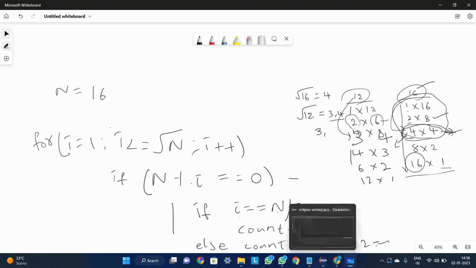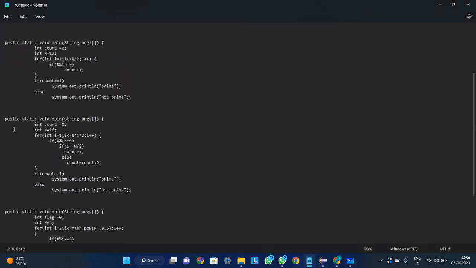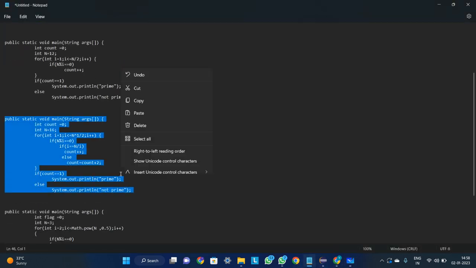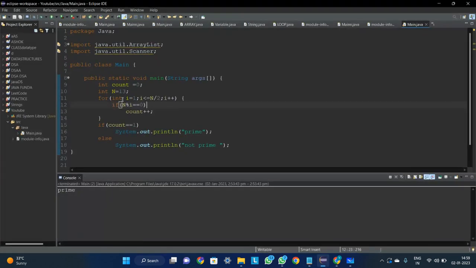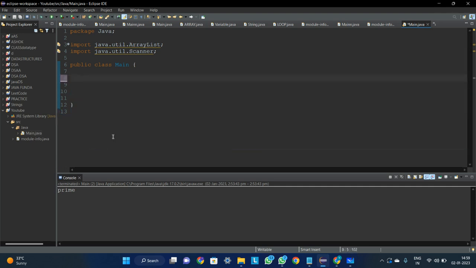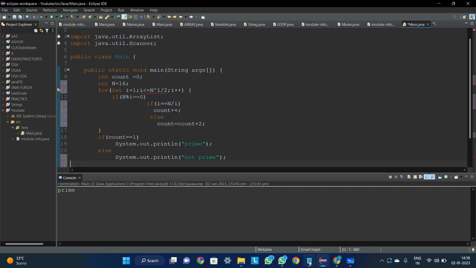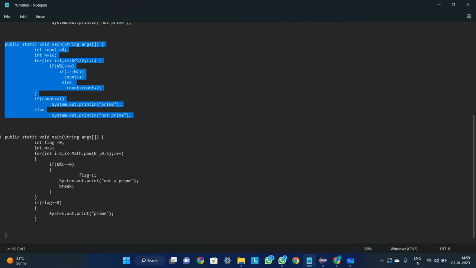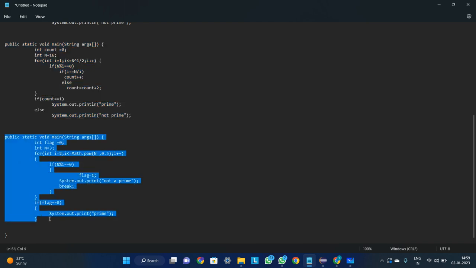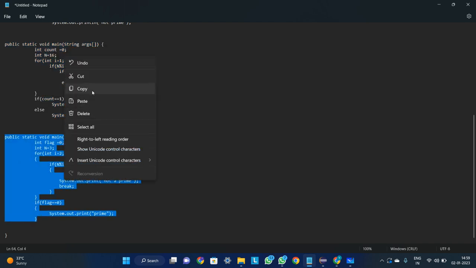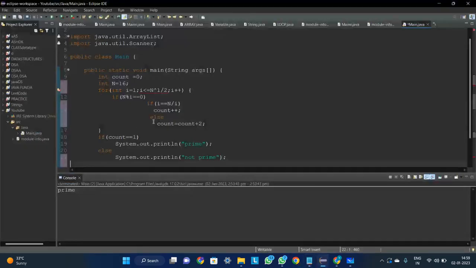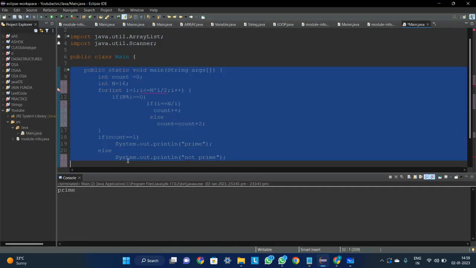So I will run this code and show it to you. Yeah, this is the code. Actually there is Math.pow. What is that? I will explain here.